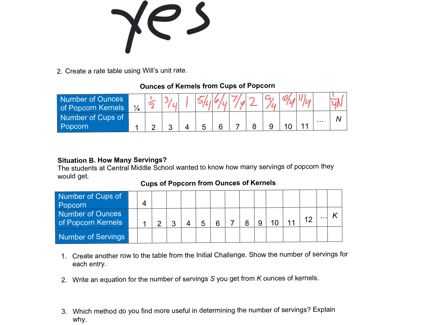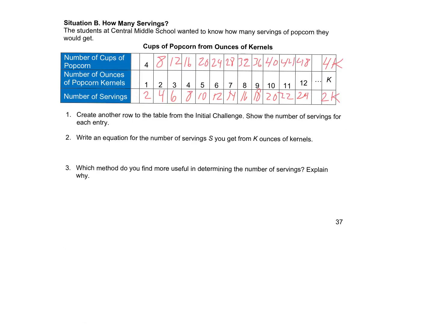times n. Okay, to save time, I went ahead and filled in the chart, so we know that the ratio is 1 to 4. So these are multiples of 4, and then it would be 4 times the number of kernels, or ounces of kernels, I should say. And then for servings, we know that the ratio is 1 ounce of kernels is 2 servings, so we're just going to double everything.